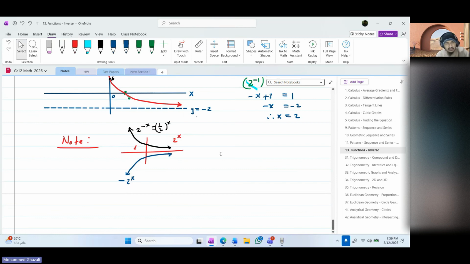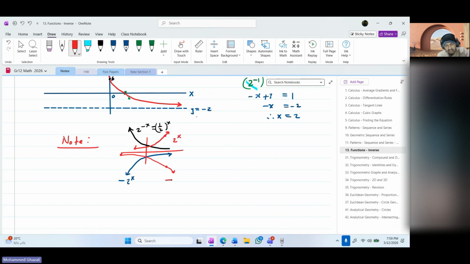Let's try it with a little bit more curvature. -2 to the power x, and this graph here. Okay, so those are the reflections on the x-axis.